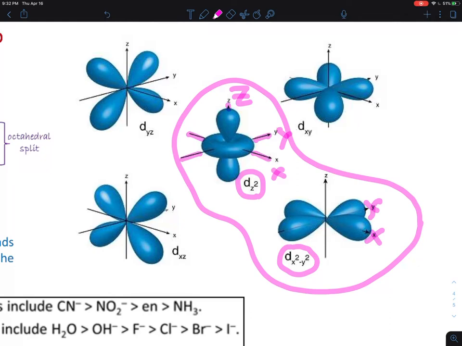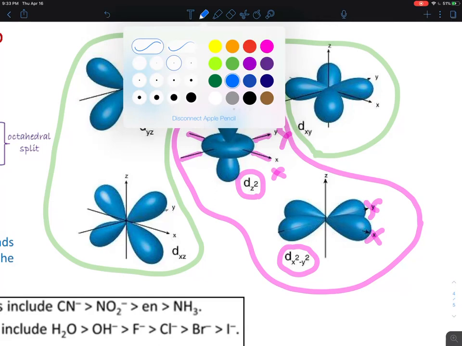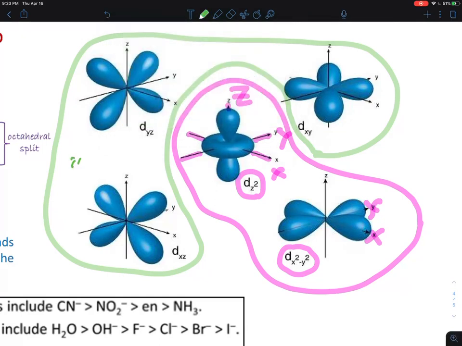And then if you look at the other ones, which I can circle in a green borderline, you can see that they are actually in between the axes, right?